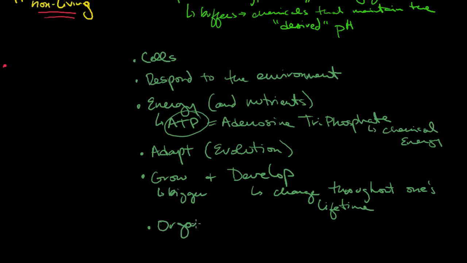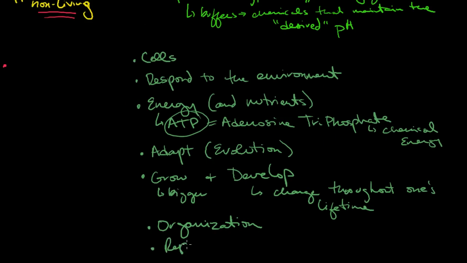All living things have some form of organization. It's not a random set of things all working together. So if we're talking about a single cell, we've got, if you remember from 7th grade, cell organelles. If we're talking about different tissues within an organism, at least there's some form of organization.